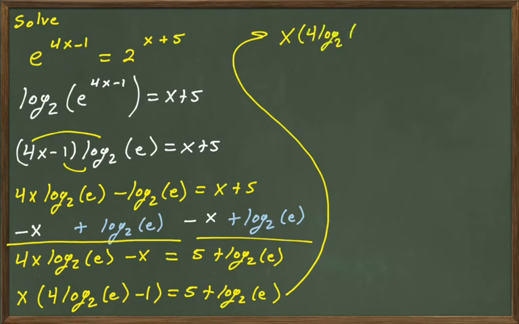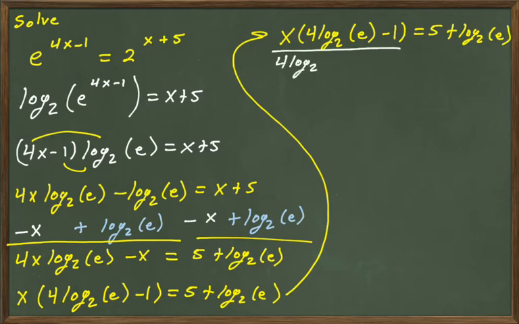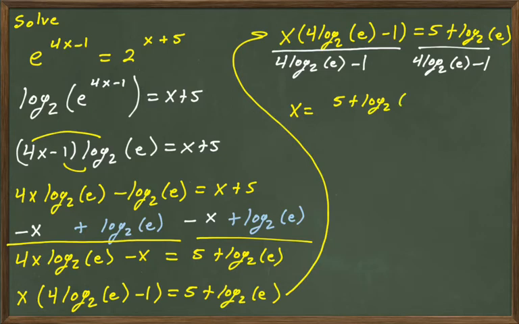And what we'll do here in just a moment is divide both sides by the factor of 4 log base 2 of e minus 1. So x is equal to 5 plus log base 2 of e divided by 4 log base 2 of e minus 1. And so this is the answer.